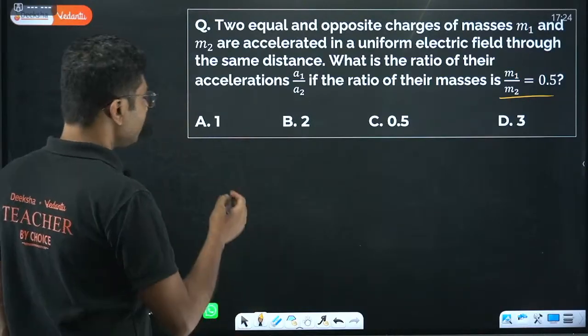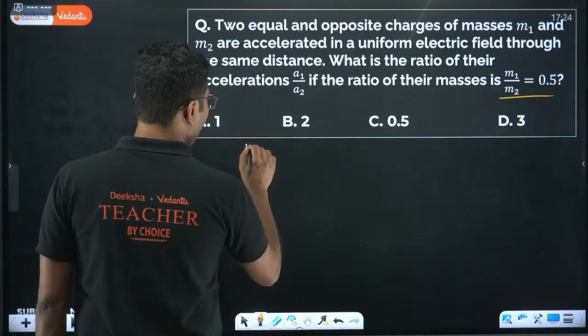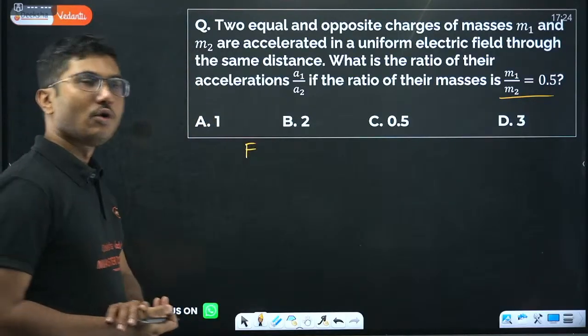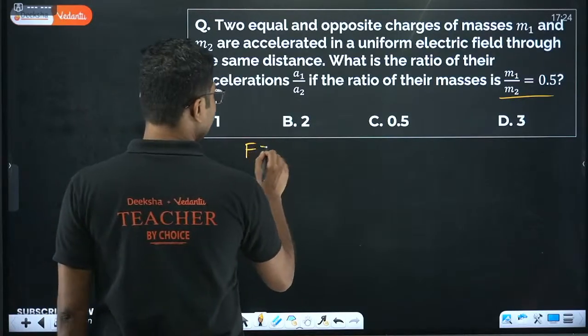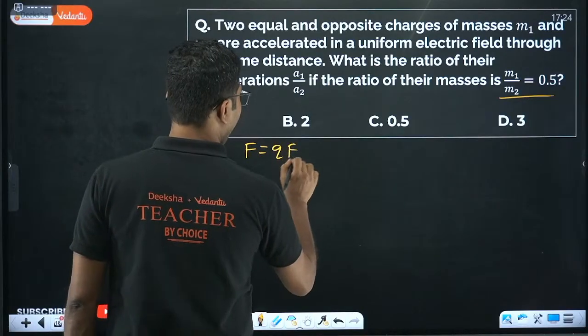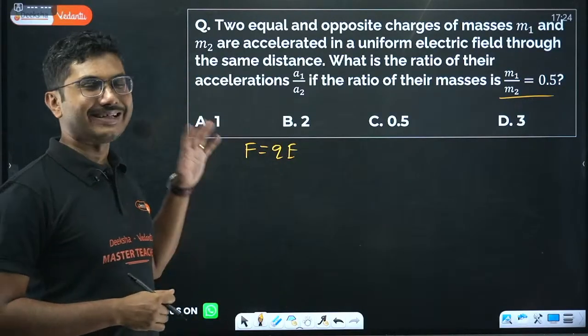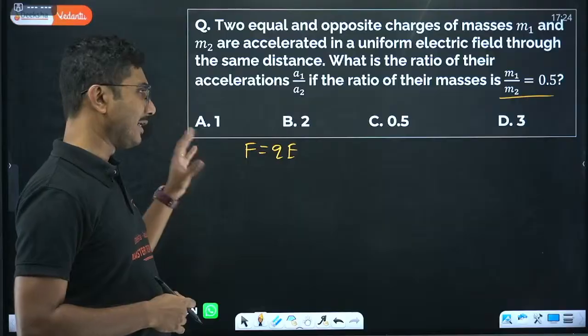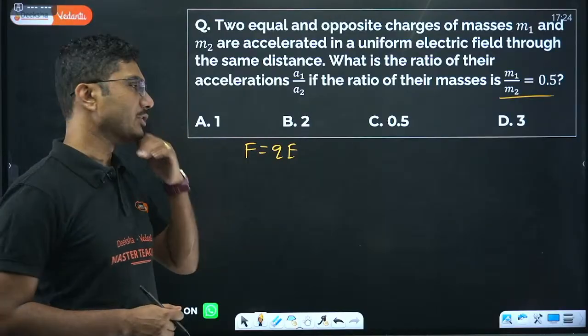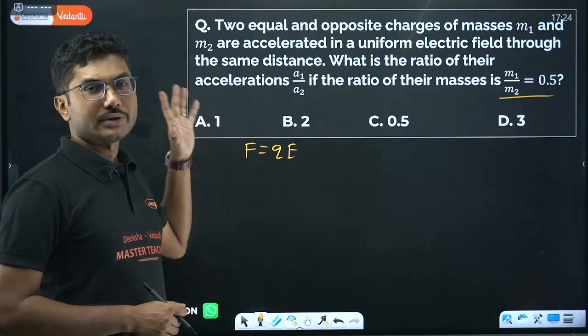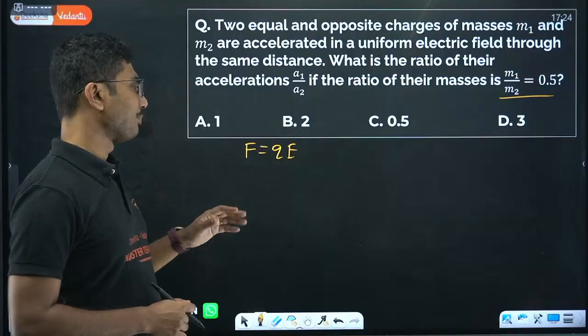You only need to remember that the force acting on a charge is given by Q into E. The force does not differentiate between positive and negative charge. Yes, the direction will be opposite, but the magnitude of the force will be the same.